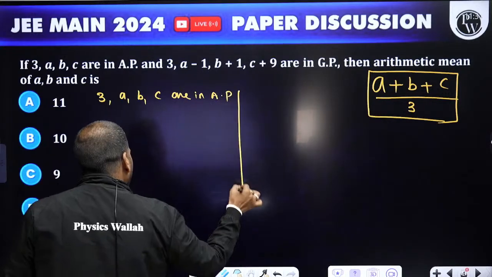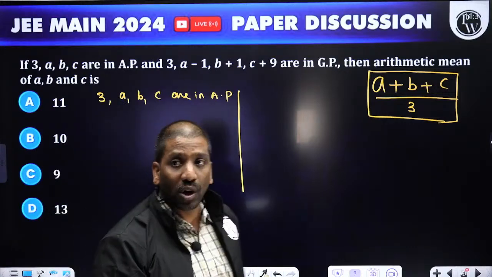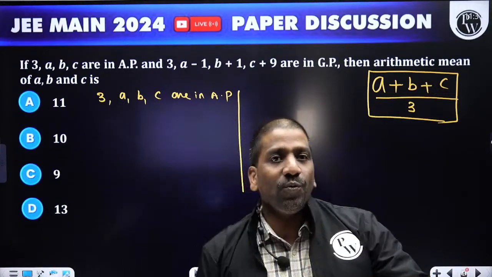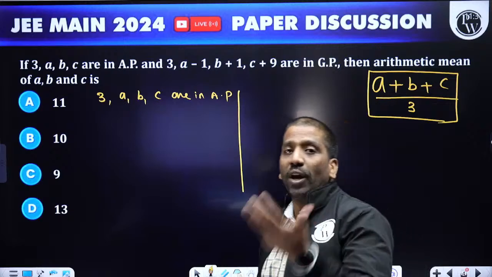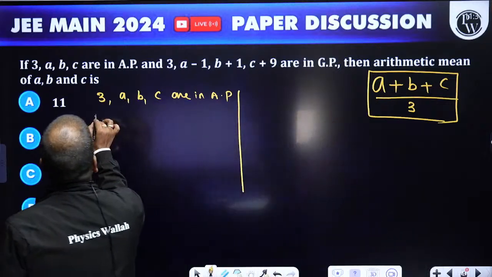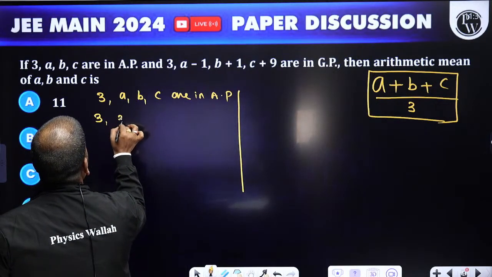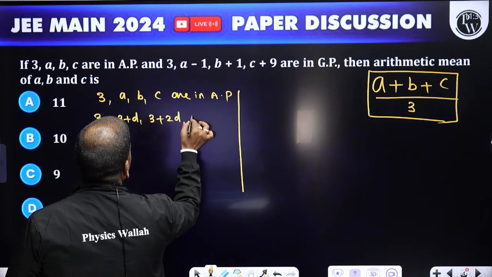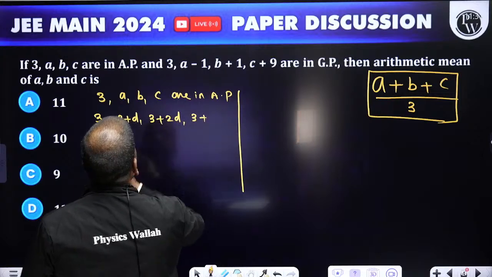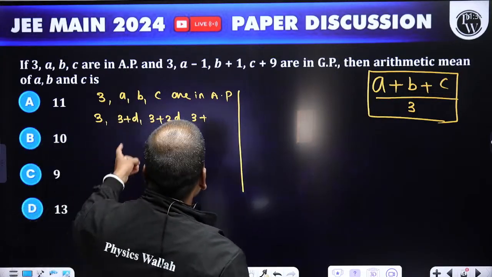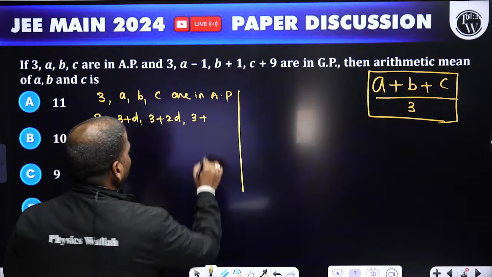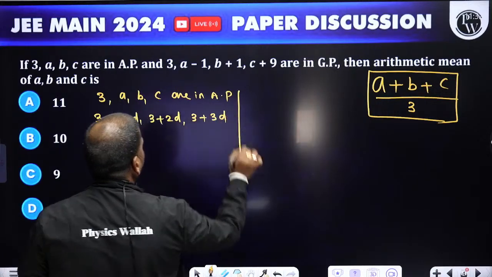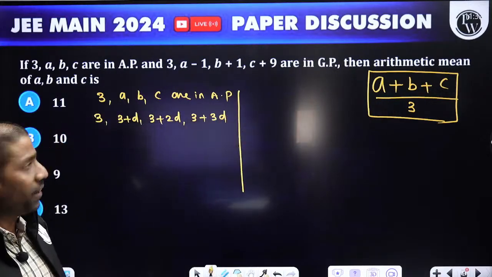In this AP, the first term is known to us, that is 3. The common difference is unknown, that is what we are going to find. So 3, a will be 3 plus d, b 3 plus 2d, c 3 plus 3d, right? 3, 3 plus d, 3 plus 2d, 3 plus 3d. Common difference d.